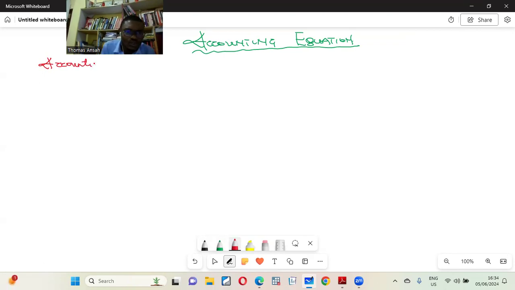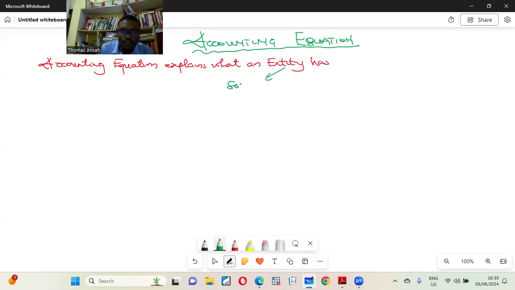The accounting equation provides an explanation of what an entity has, and by an entity, we will be looking at the various forms of them.